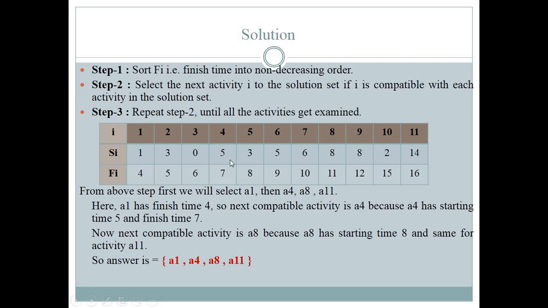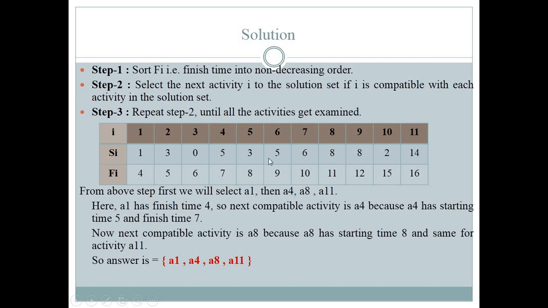So from the two cases, 5, 7 and 5, 9, we will select activity 4, which has starting time 5 and finishing time 7. After this activity completes, meaning first activity and fourth activity complete, now the finishing time is 7.